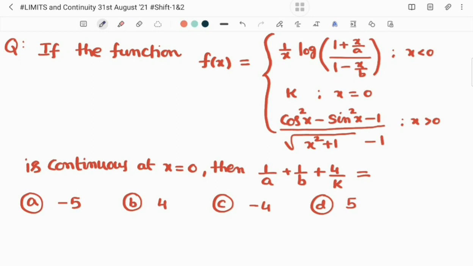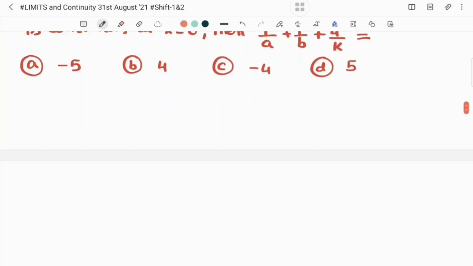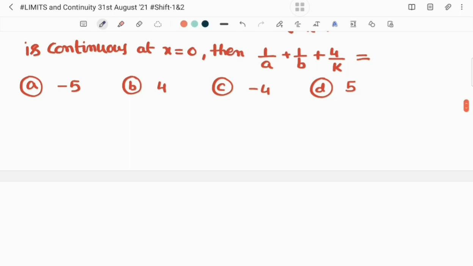See, here the function is clearly continuous. We know this type of problems, but still it is given in a different way. The only thing is, f of x is continuous.